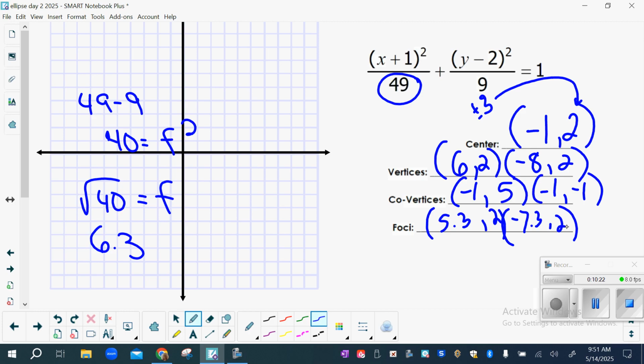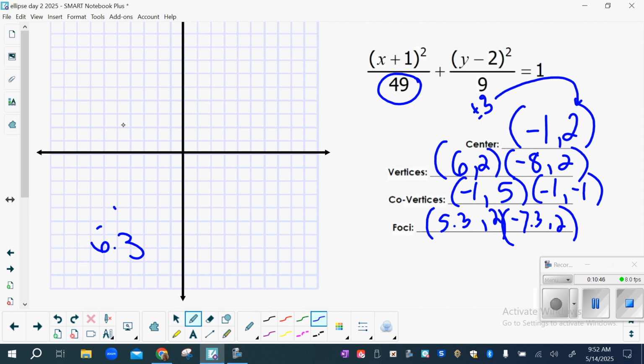I'm going to do it over here. Okay, watch this. You'll like this. So my center was at 1 and 2, and now I got that 6.3.